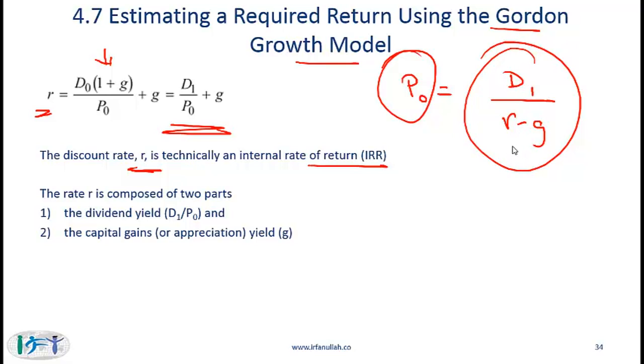So notice that given a P0, given a D1, and given a G, R is simply that rate which is making the present value of future cash flows equal to the current price, which is technically the definition of IRR. So that is all that we are saying over here. Also, another obvious point, the rate R is composed of two components, the dividend yield and the capital gains yield, which is G. And this is something we've talked about earlier also.